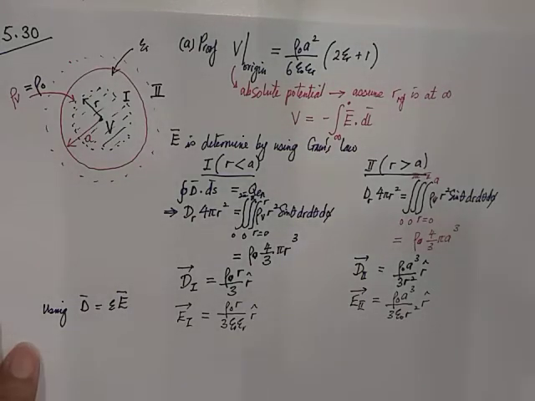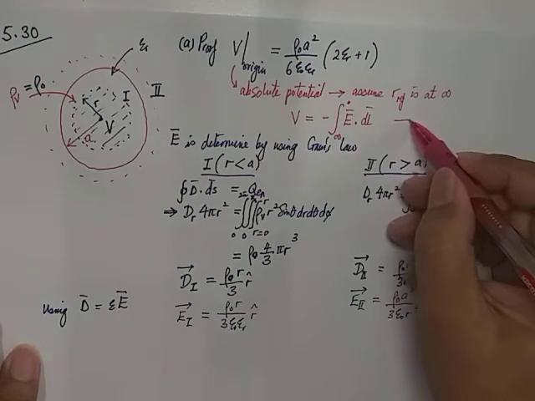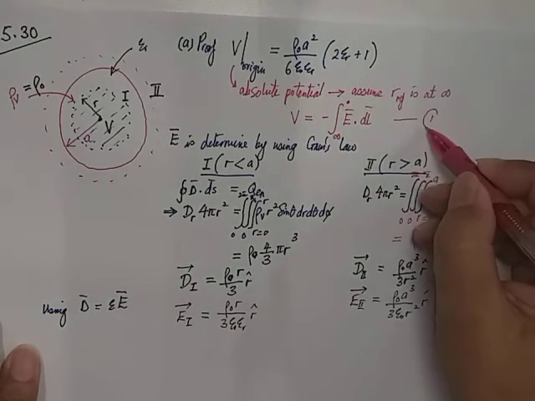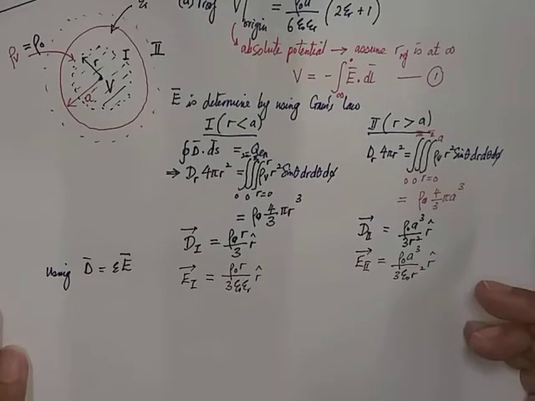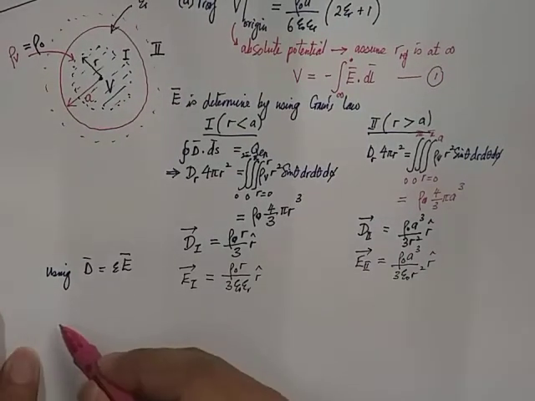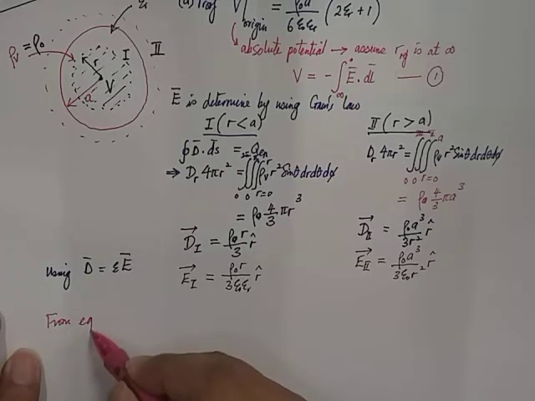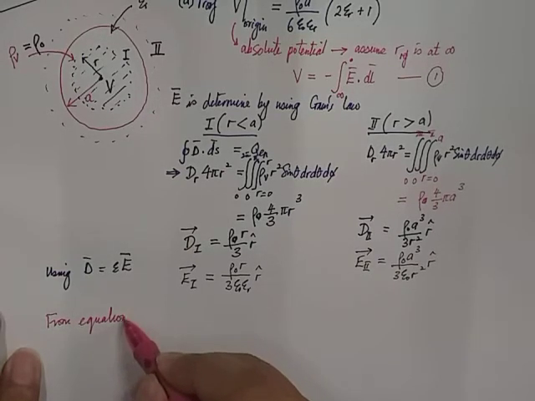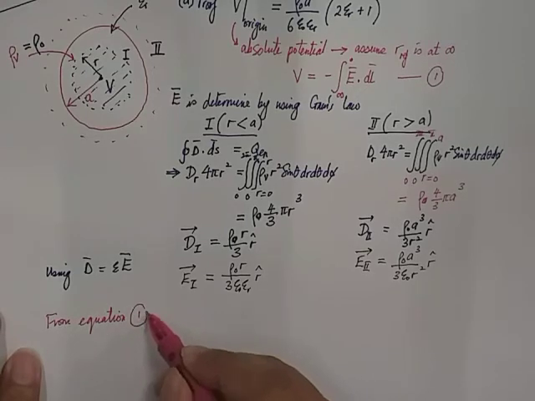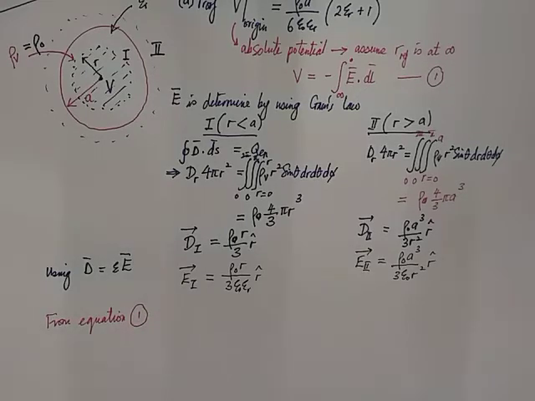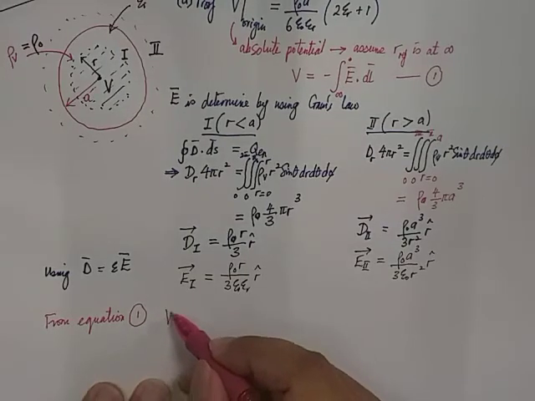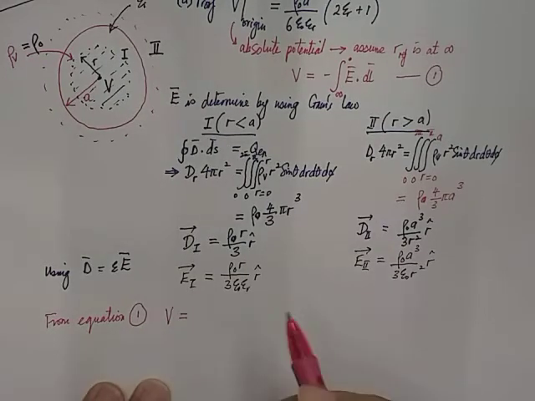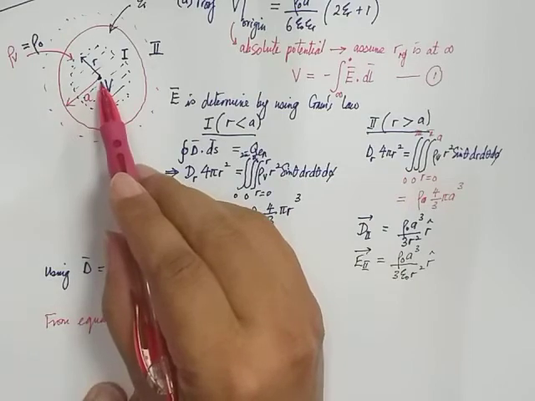Okay, that's done. So now let's go back to our objective here, to find V. I'm going to set this as equation 1. Okay, let's continue. From equation 1, the V that we need to find is located here.